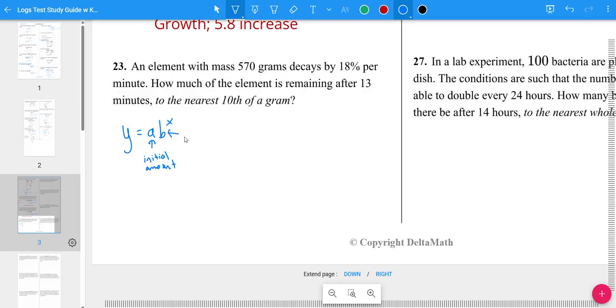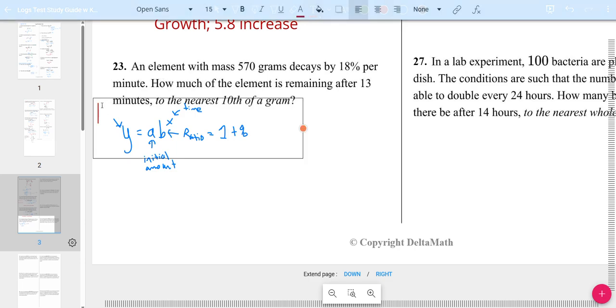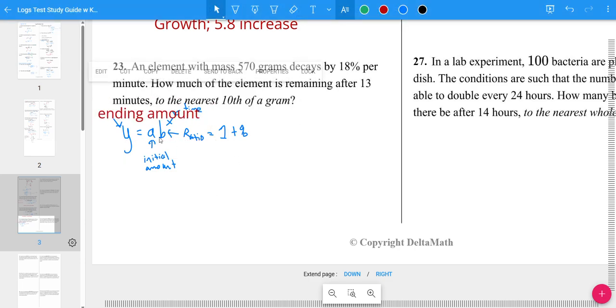This is my ratio, which is 1 plus my percentage. And then time is usually x, so this is my time. And then this is my ending amount, okay?